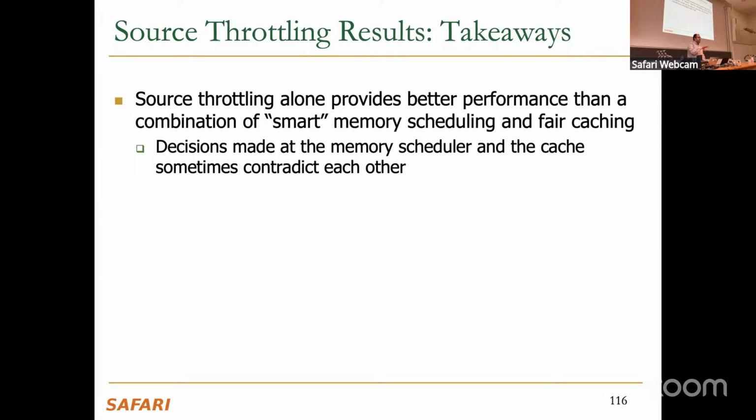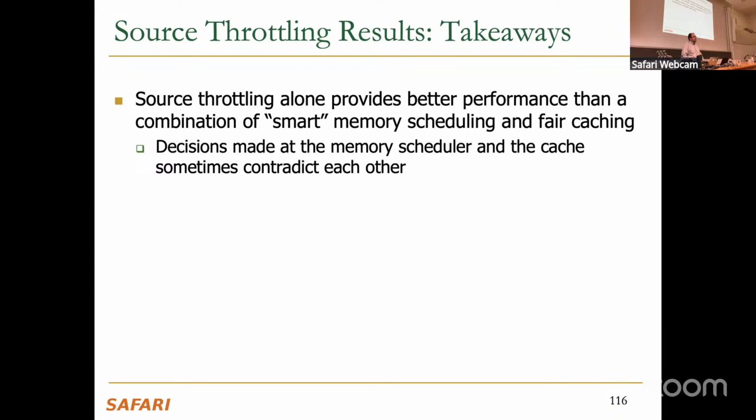But it's also very important how to coordinate across these smart resources. And that by itself is a very interesting research direction, how we coordinate nicely different controllers in our system. But source throttling frees you from that coordination that you might need to do.